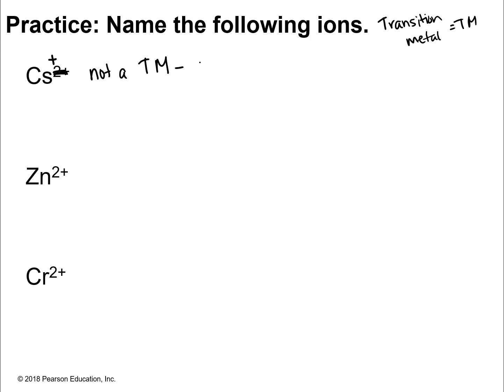So that means we don't have to use the stock system. Remember, the only reason we need the stock system is if something can have multiple ionic charges. Cesium cannot. So it is just the cesium ion. What about the second one?